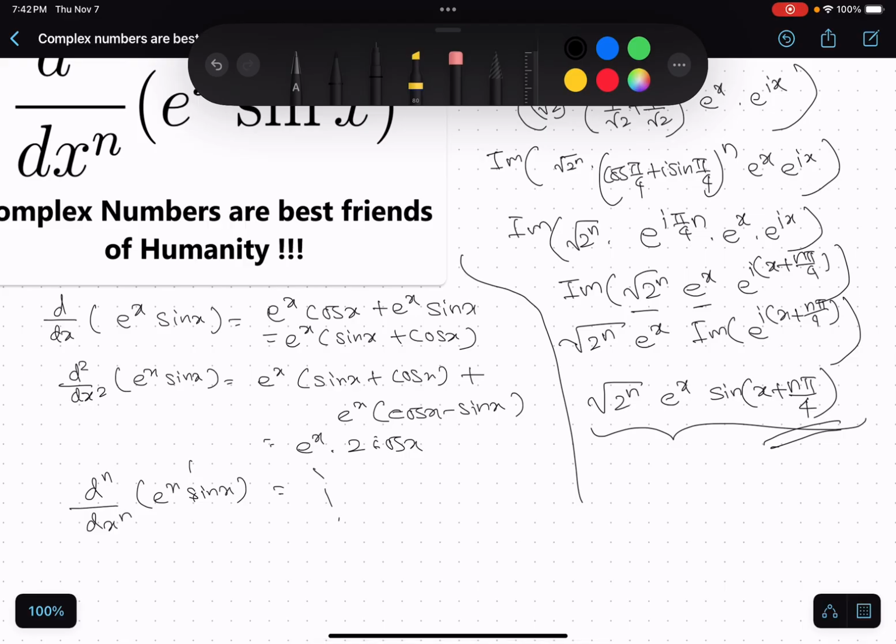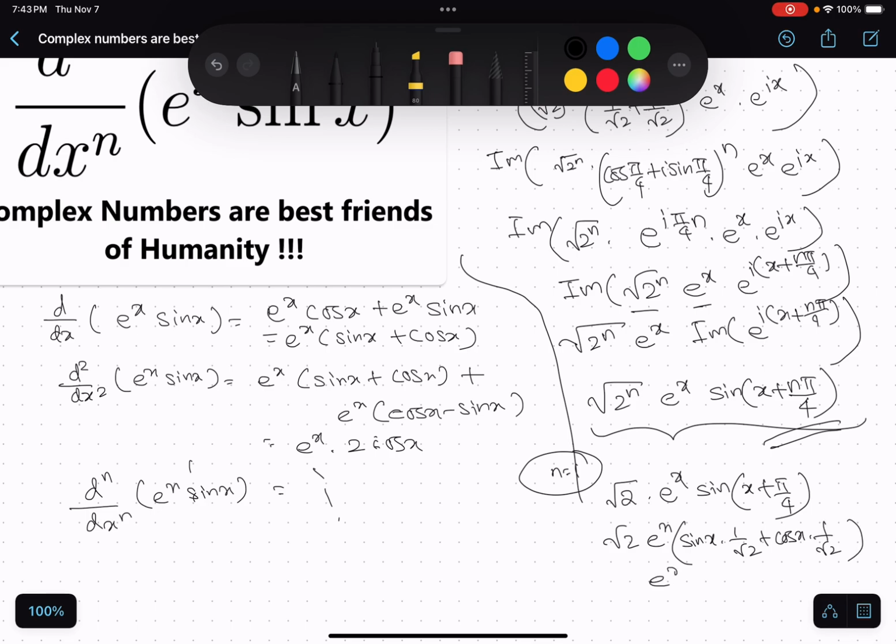So if you want to check, we take n as 1. If we take n as 1, we get square root of 2 times e to the power x times sine of (x plus pi by 4). Now sine of (x plus pi by 4) is sine x cos pi by 4, which is 1 by root 2, plus cos x sine pi by 4, which is 1 by root 2, so e to the power x times (sine x plus cos x).